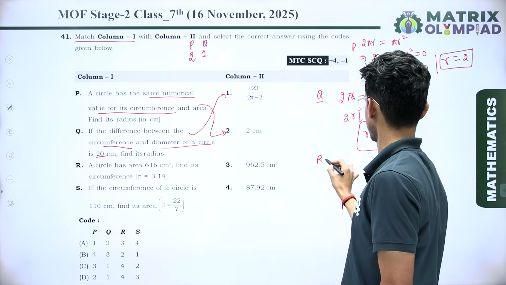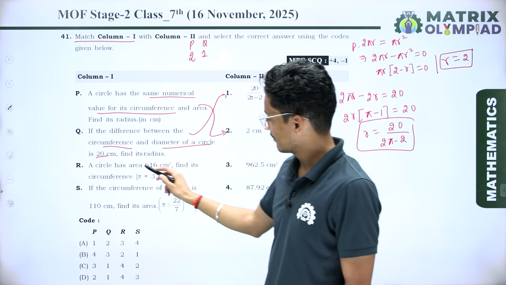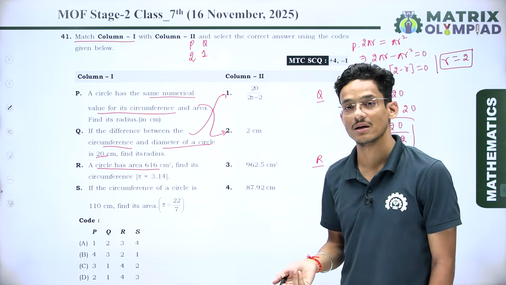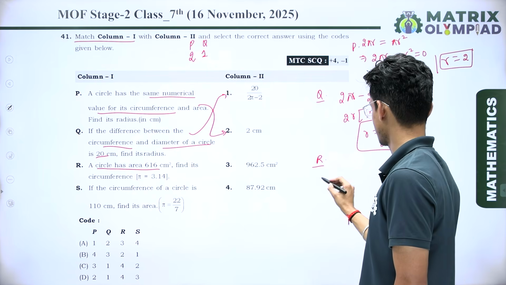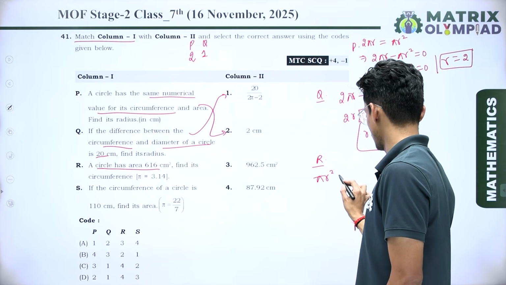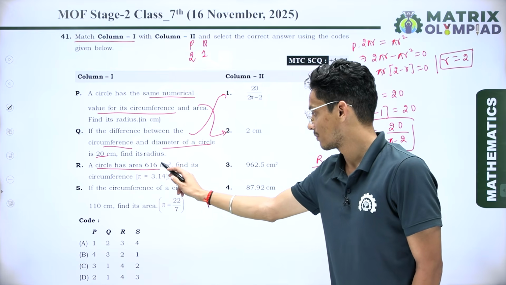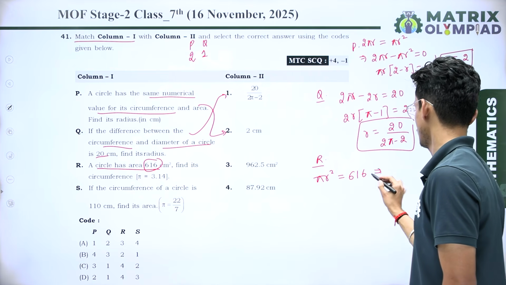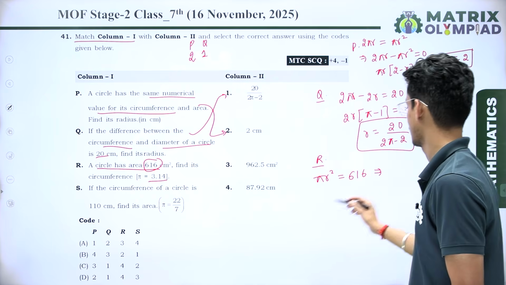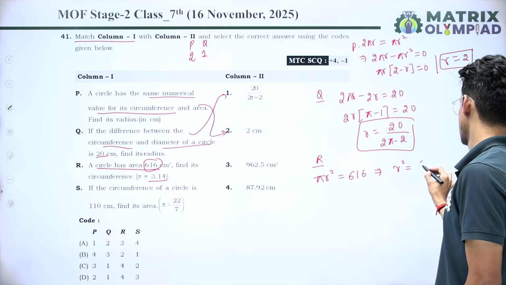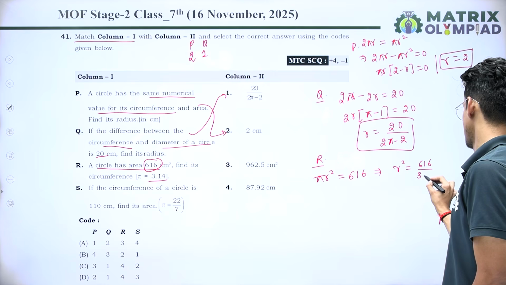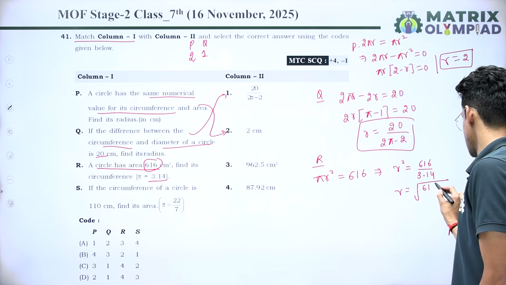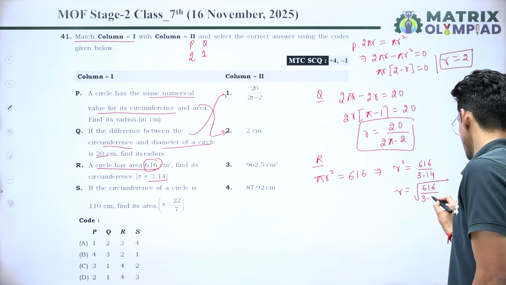Next, here we have R. That is, if a circle has area 616 centimeter square, find its circumference. So we know the area of a circle is pi r square, which is given as 616. So here I can write 616. We know the value of pi is 3.14. So r square is equal to 616 upon 3.14. So here r we get under root of 616 upon 3.14.